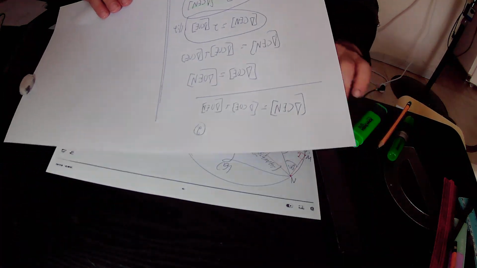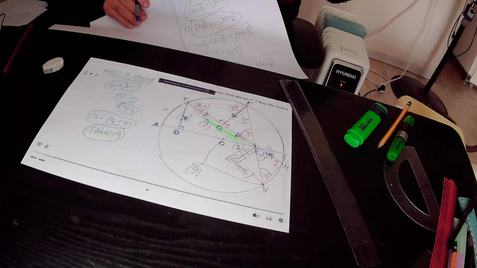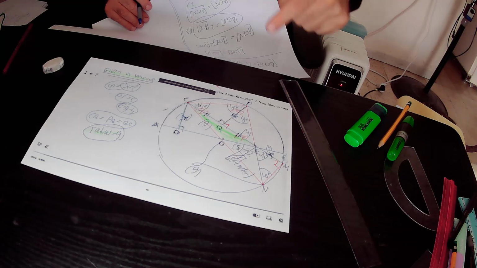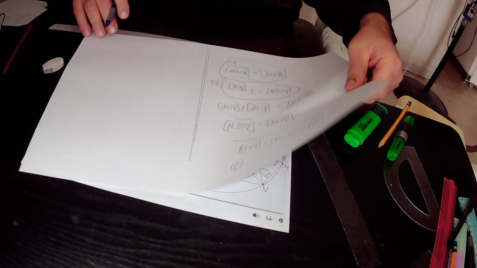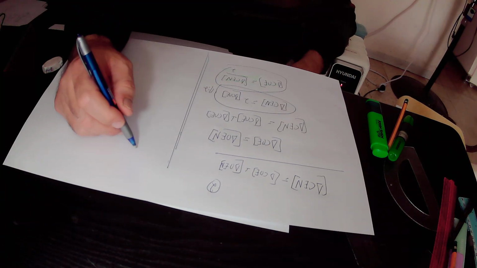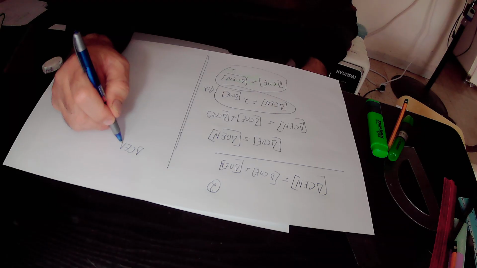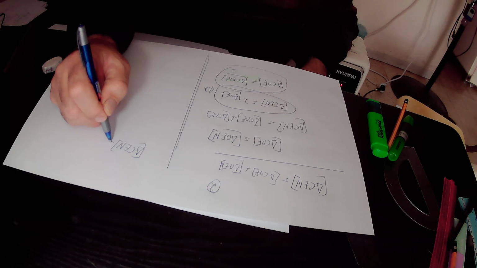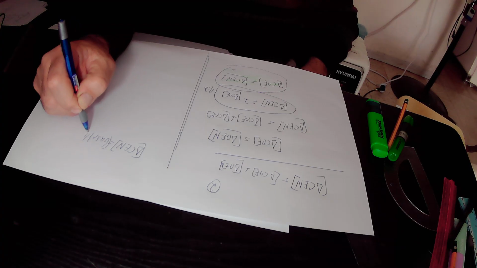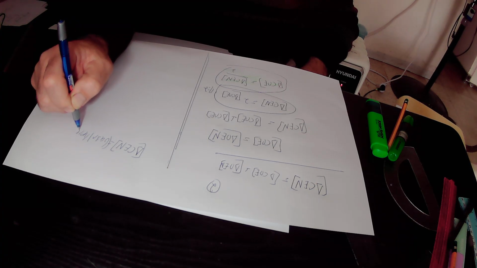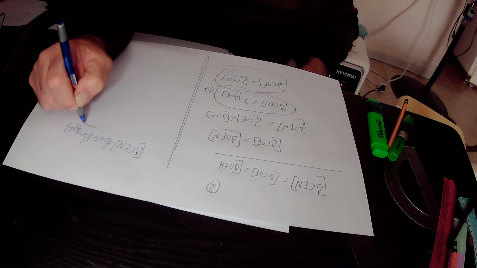In the next step, we calculate the area of this big triangle CEN according to the rule that the area of any triangle equals the base of the triangle times the height to the base over 2.